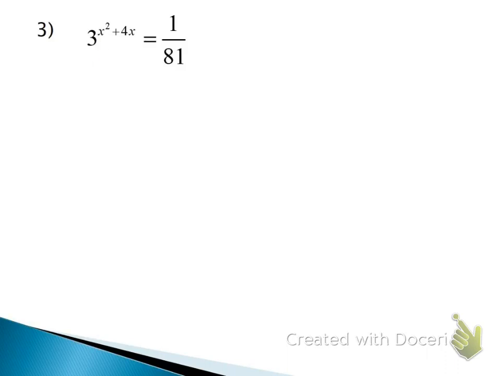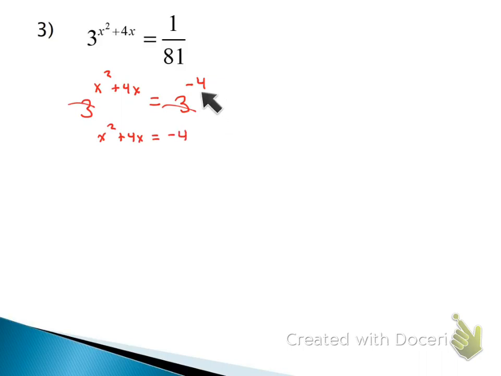Obviously I can't break 3 down any further. 3 is going to stay 3. So it's 3 raised to the x squared plus 4x. But 1 over 81, that can be rewritten as 3 to the what? Austin, 3 to the what power? Very good. 3 to the negative 4. And now I can drop those bases, and I can set x squared plus 4x equal to negative 4.